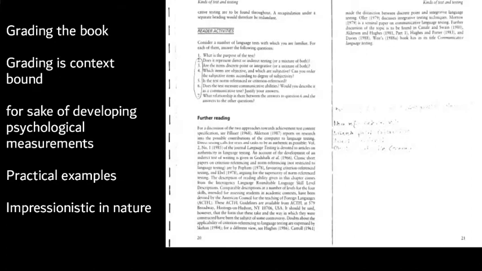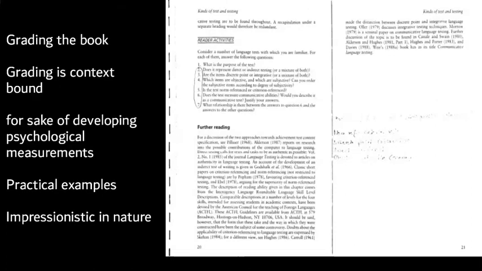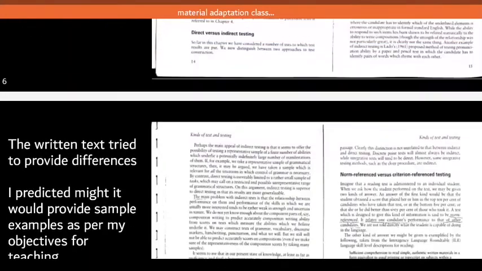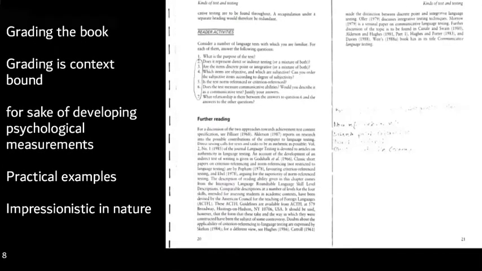Why is this grading context bound? Though this book was giving me all the content I needed, still I was not satisfied because it was not fulfilling the goals and objectives I kept in my mind as a context. So this grading is related to the context.